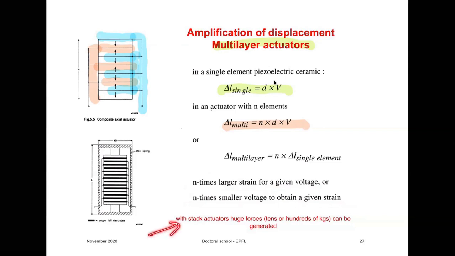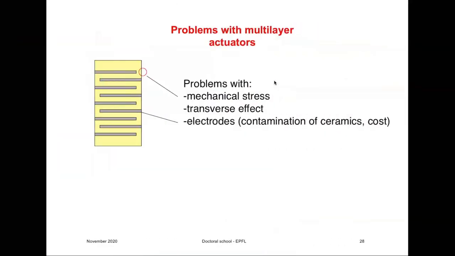You can generate huge forces, tens or hundreds or even thousands of kilograms with piezoelectric actuators. You can lift very heavy objects, and unless there is depolling, because you are applying some pressure on them, they can be very effective force generators.